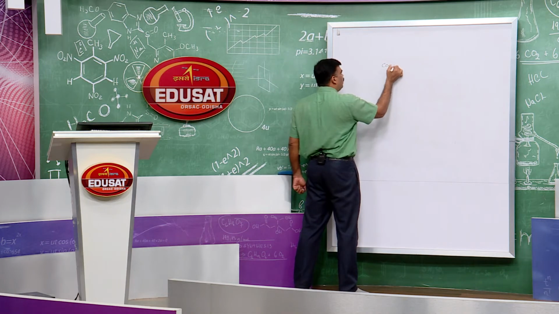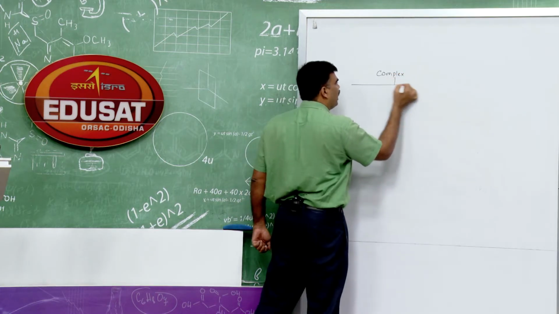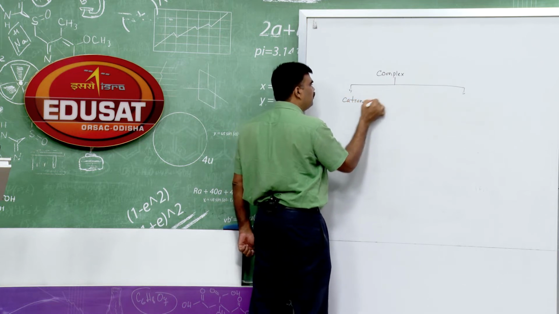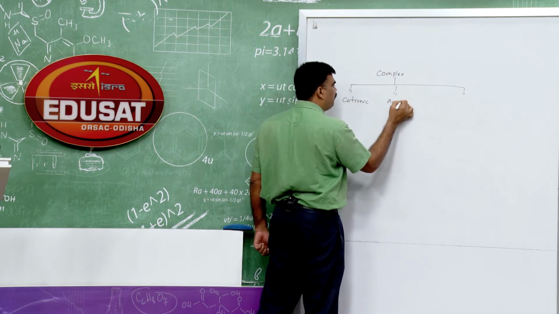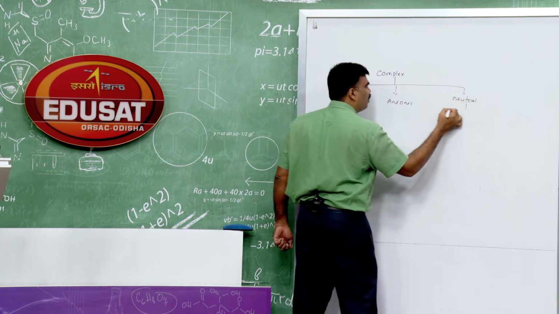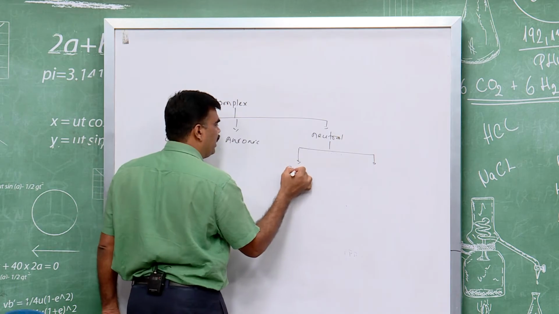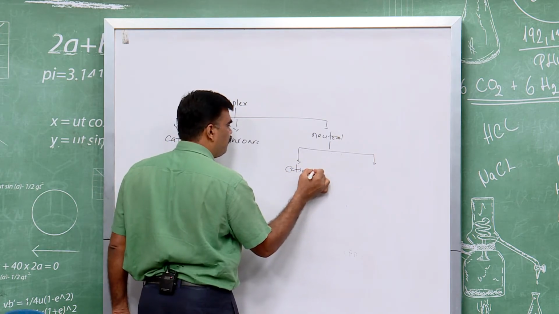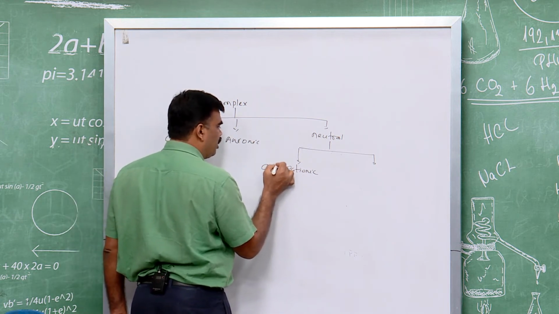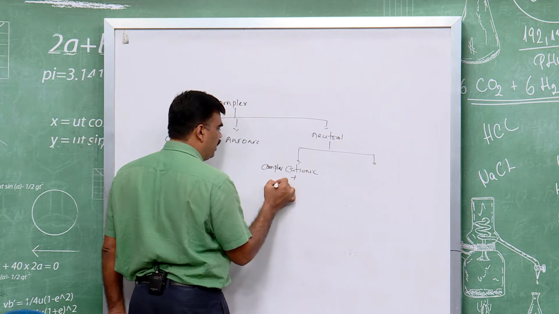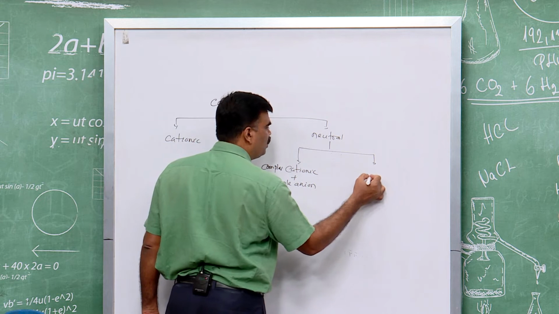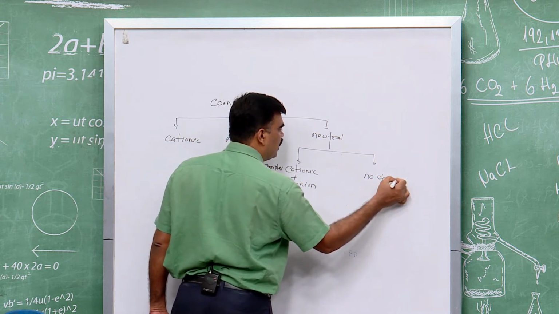Complexes are of 4 types: cationic, anionic, neutral. Again, neutral are of 2 types: one is the complex cation plus complex anion, and the other where there is no charge at all.